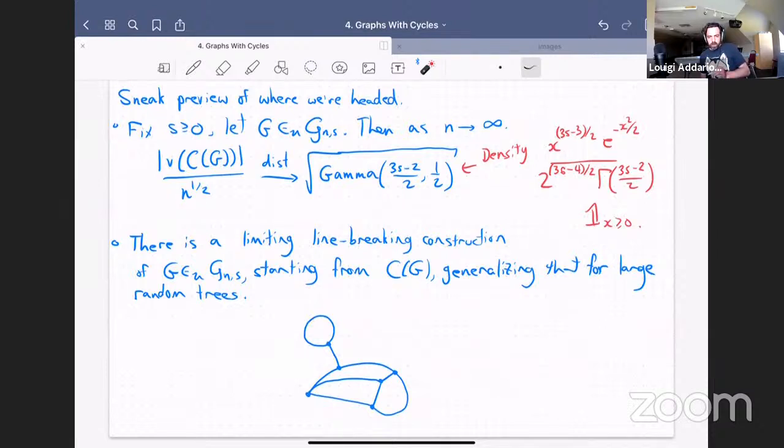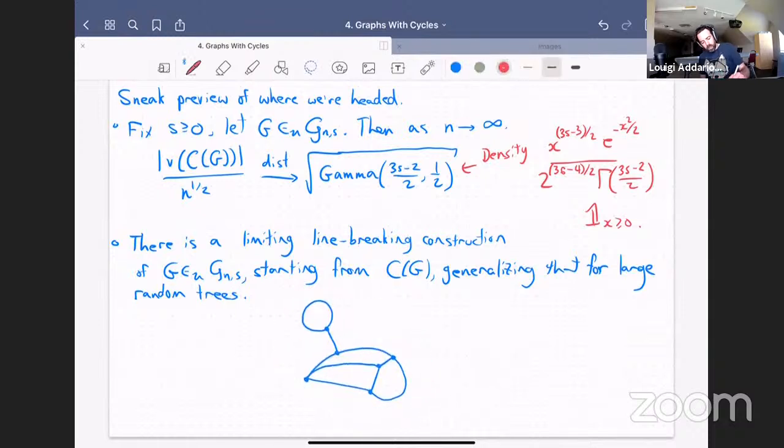And then there will be a stick breaking construction, or a line breaking construction, starting from this picture. That will look something like taking the atoms of some Poisson process to make branches and then attaching those branches at uniform locations on the core or potentially on the previous branches.